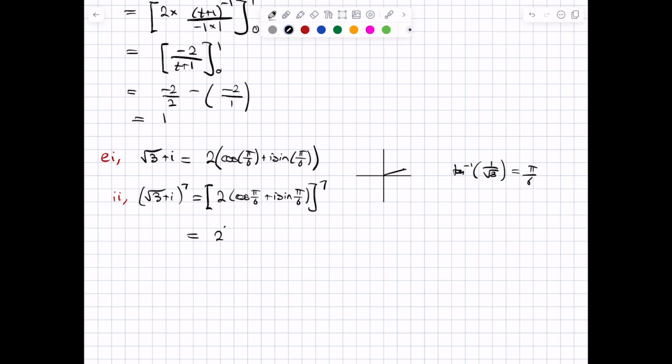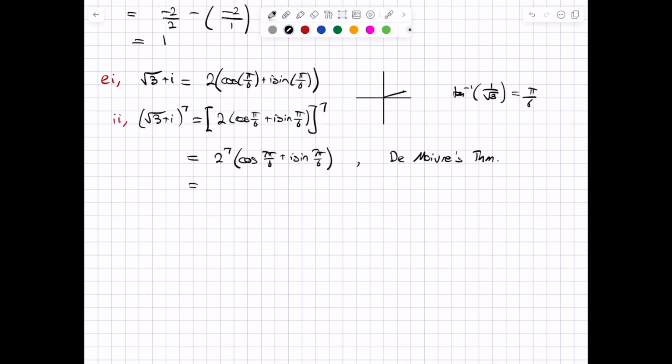So this is 2 to the 7 cos 7 pi on 6 plus i sine 7 pi on 6, and that's by de Moivre's theorem. So I might reference the fact that I've used that. And now I want to put this in exact Cartesian form.